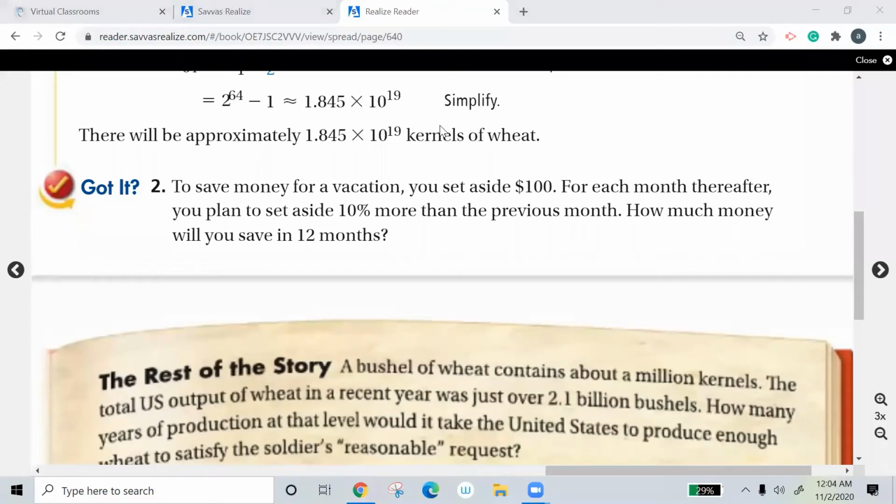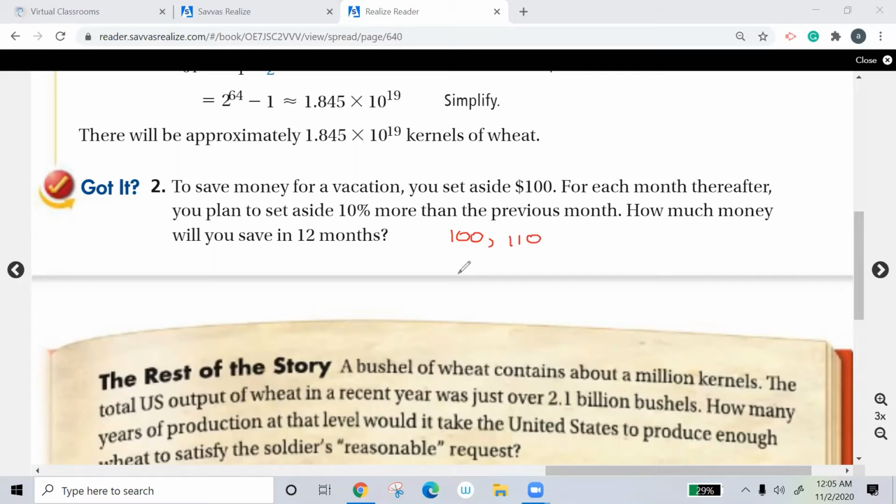Okay, so we have the first number, 100. And what is our second number? Since we need to add 10% more, 10% of 100 is what? 10% of 100, we will add it, so it will be 110.